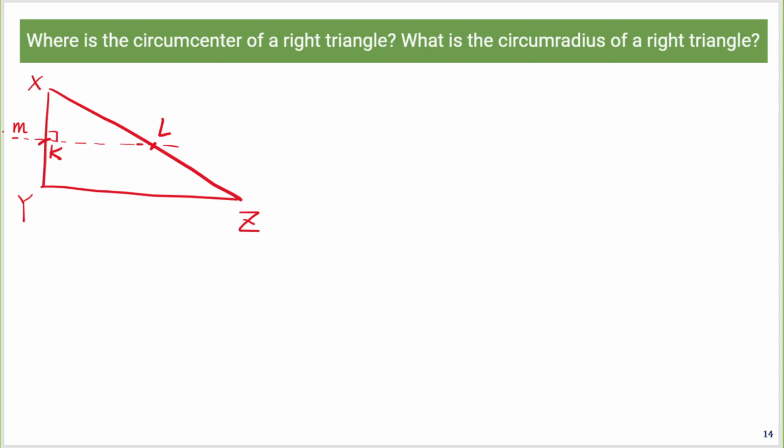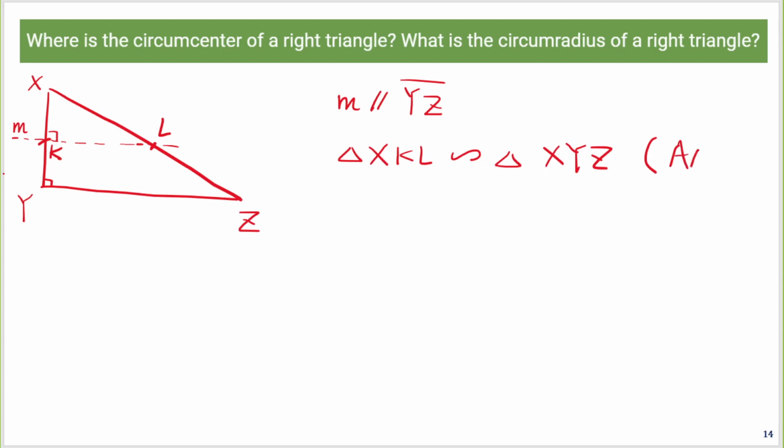According to the setup here, since M and YZ are both perpendicular to XY, M must be parallel to YZ, right? Therefore, triangle XKL must be similar to triangle XYZ, right?